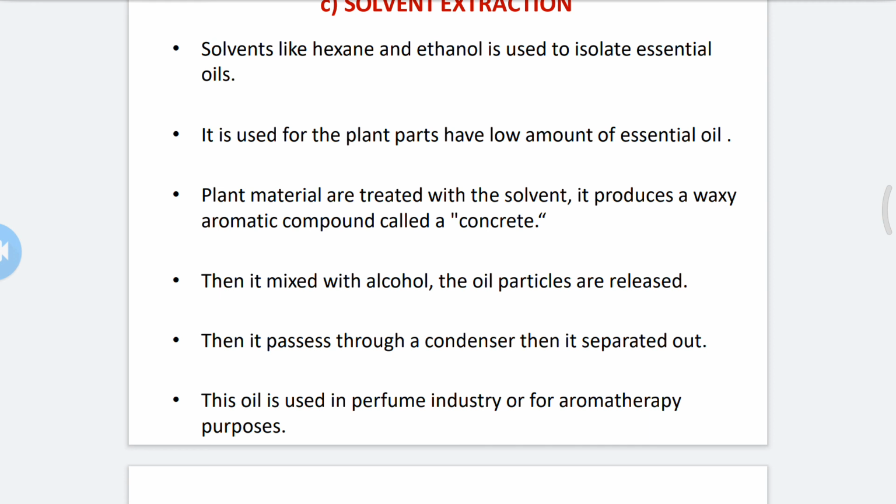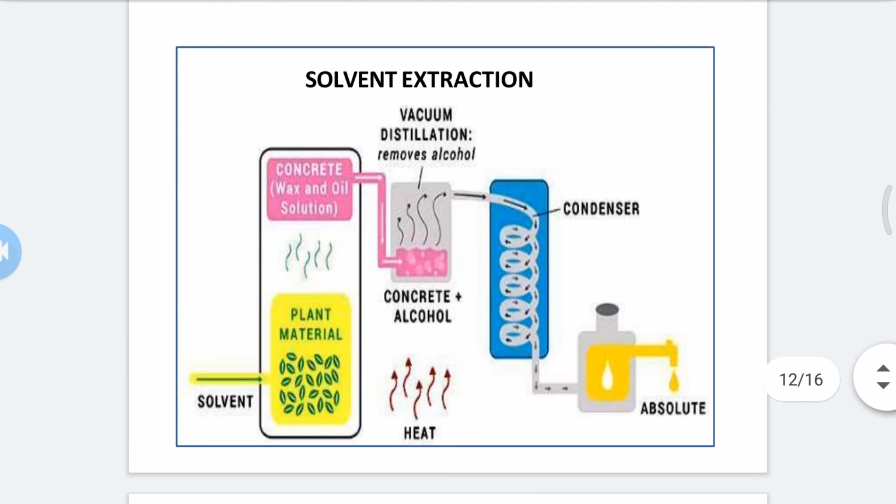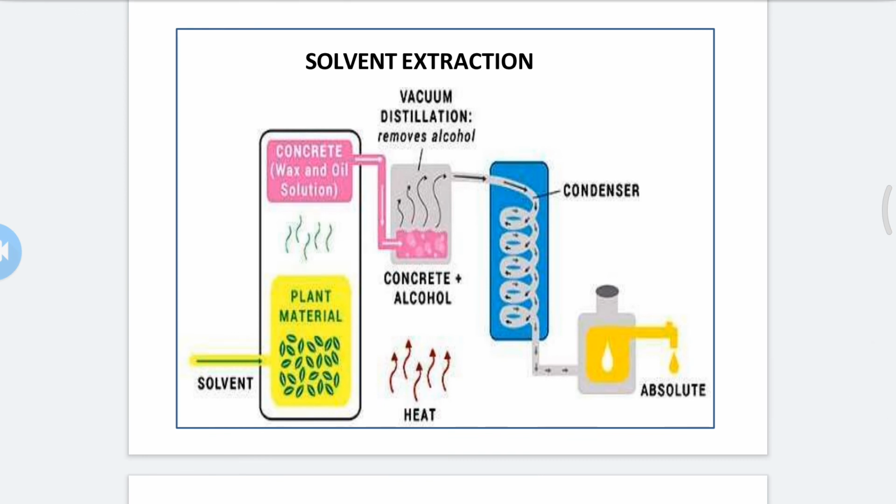This oil is used in the perfume industry, cosmetics, soap and aromatherapy. This is the method of extraction of terpenoids.